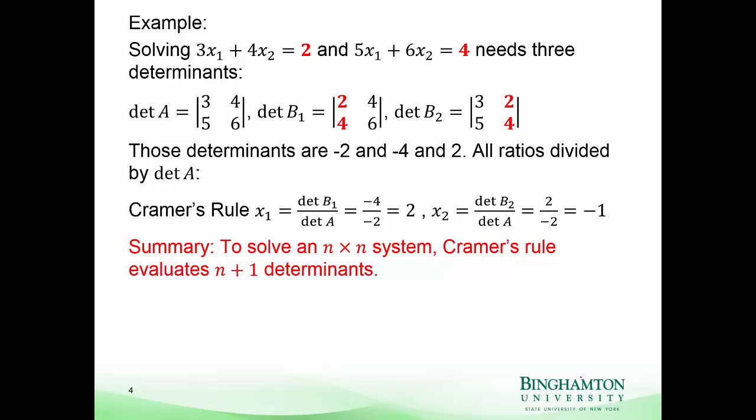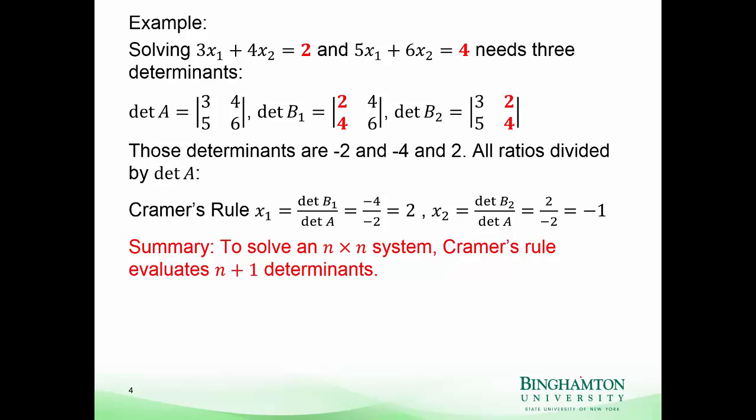So to completely solve an n by n system by Cramer's rule, you need to evaluate n plus 1 determinants. But if you're only interested in one variable, x sub whatever, then you really only need 2 determinants.